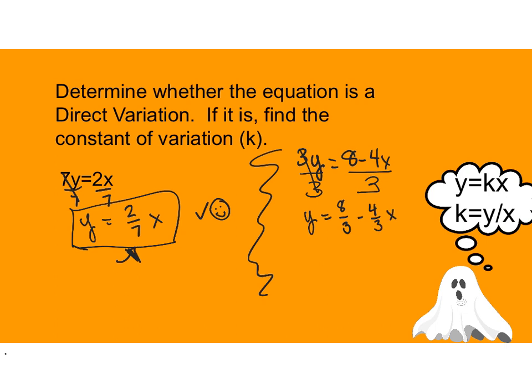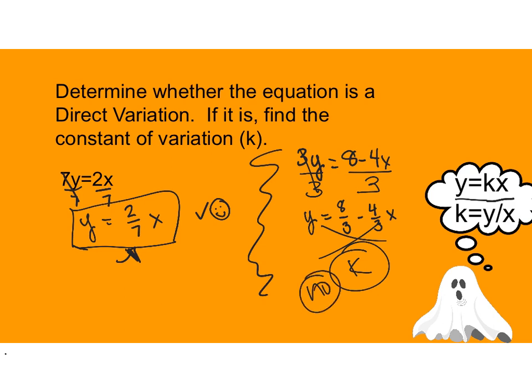Notice that is not in the form of y equals k times x. Therefore, this is not a direct variation, and we cannot find the k. There is no k, no.